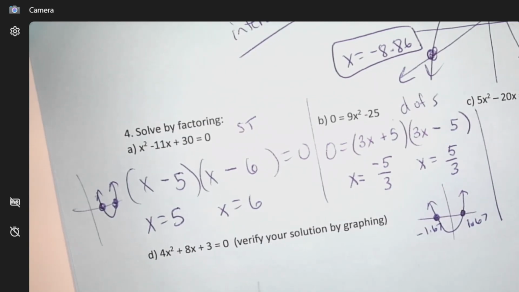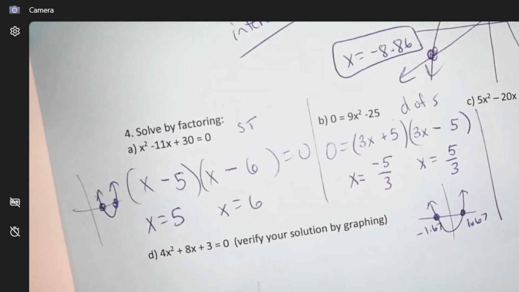Okay, the next, not a trinomial. There's only 2 parts to it. Which style would you call this one? GCF. Okay, so what am I going to take out of this and this term? What do they both have in them?